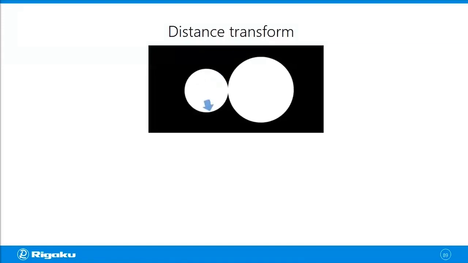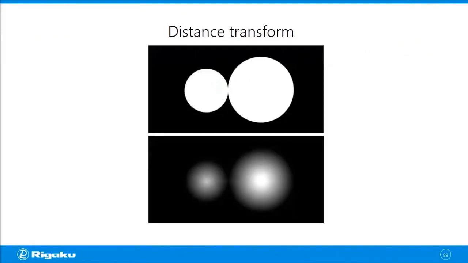If you look at this pixel, you're going to get a small number because it's close to the borderline. This pixel would get a large number because it's farther away from the borderline. And if you do this for the entire image, you will have this. And this is the distance transform of the original binary image.